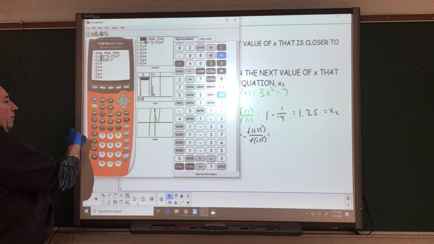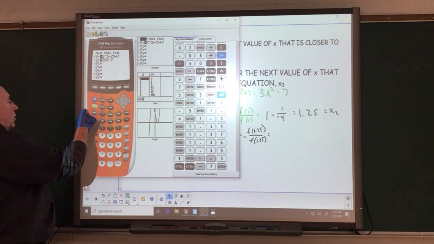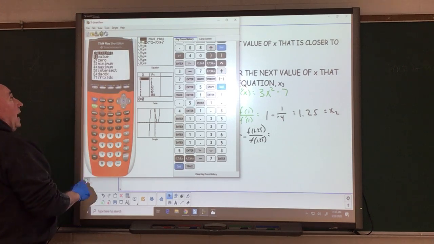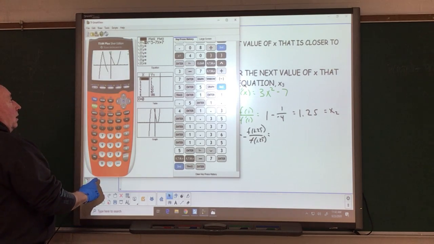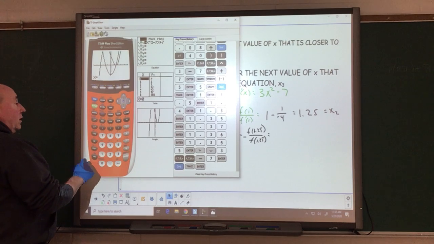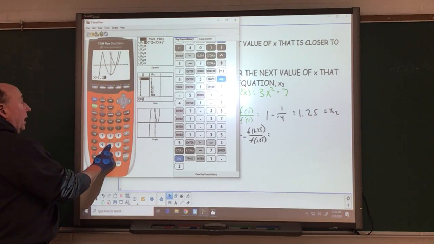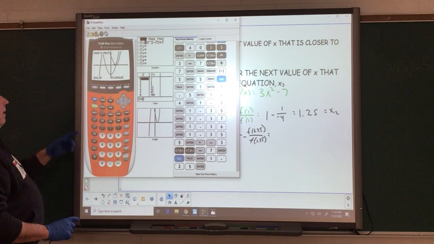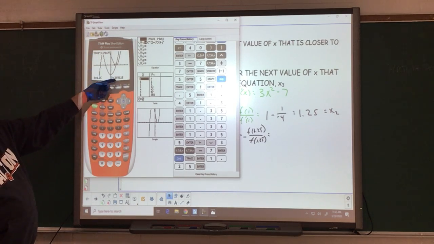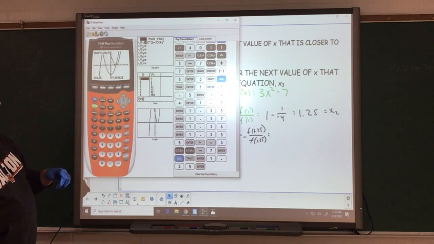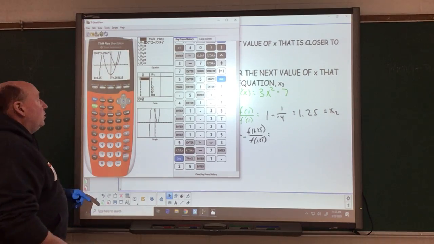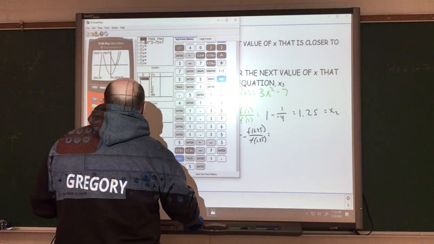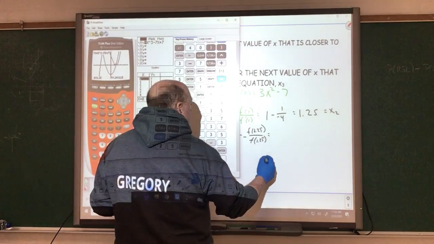So if I wanted to, I could calculate the value. It gives me both my functions now at 1.25. This is my first function, 0.203125.